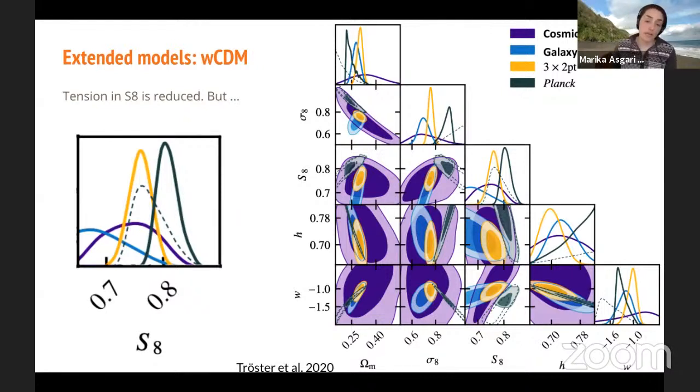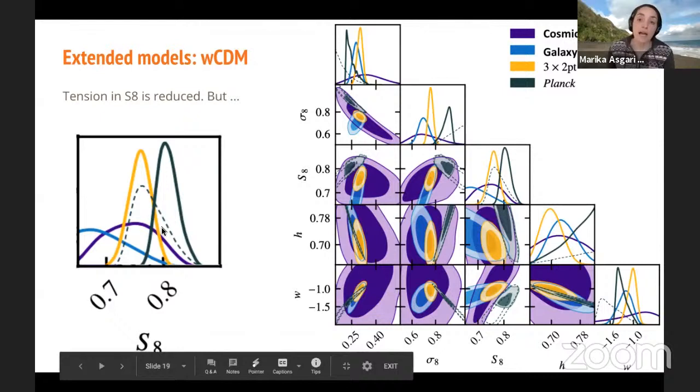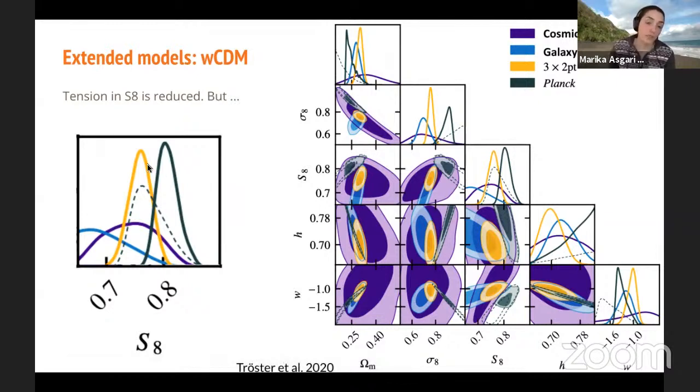But I want you to look at this panel on the left. So this is marginal distributions for S8, and just look at the gray and the orange one. So this is comparing Planck with the combined probe analysis. Now if you look at these two, there isn't really that tension between them. This is like below 2 sigma, basically, the difference between these two. So it looks like maybe wCDM is doing something useful.